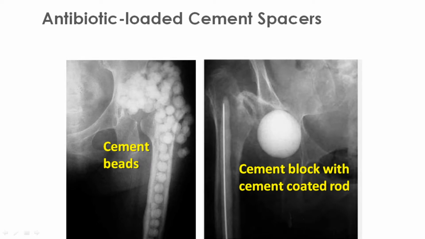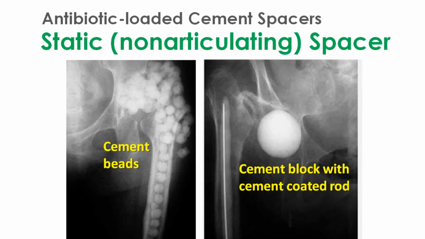There are two types of antibiotic-loaded cement spacers that are typically used in two-stage revisions of total hip arthroplasties: static and mobile spacers. Static, so-called non-articulating spacers, allow local delivery of a high concentration of antibiotics and at the same time function to maintain joint space for future revision procedures.